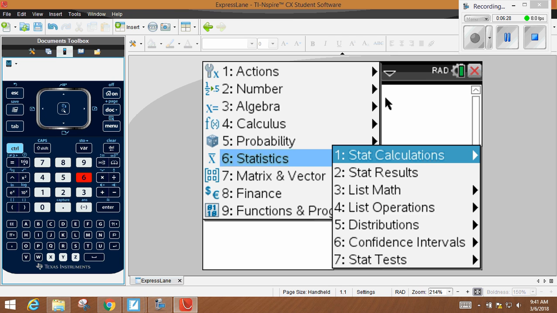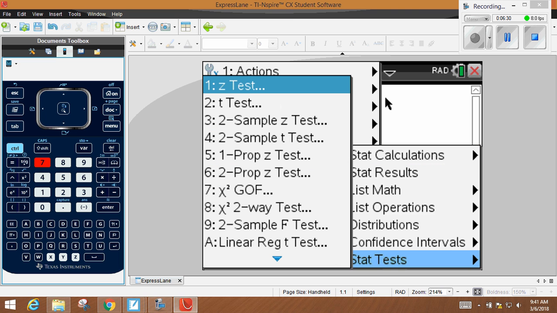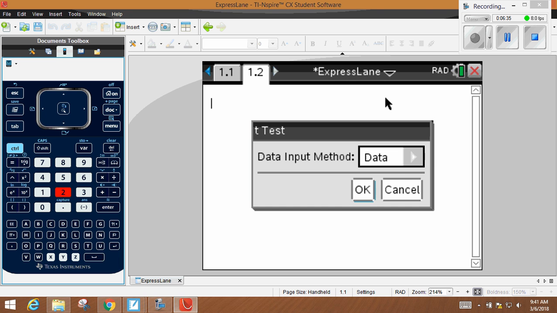All right. Let's do a stat test. We're going to still do a t-test. I got the t-test. Cool. Thank you, though. Thanks for looking up. We are going to use data.